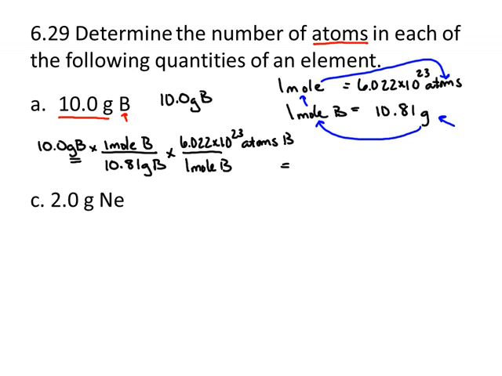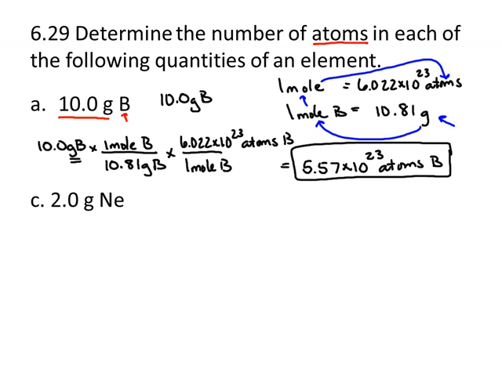And then I put that all into my calculator, and I get 5.57 times 10 to the 23rd atoms of boron.